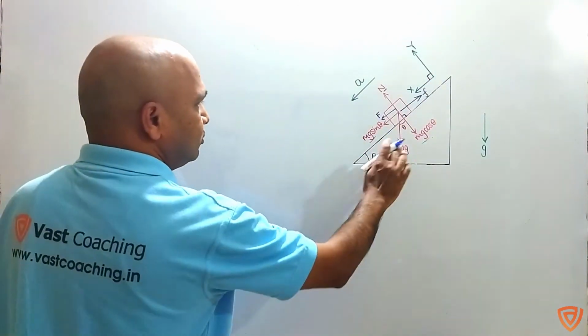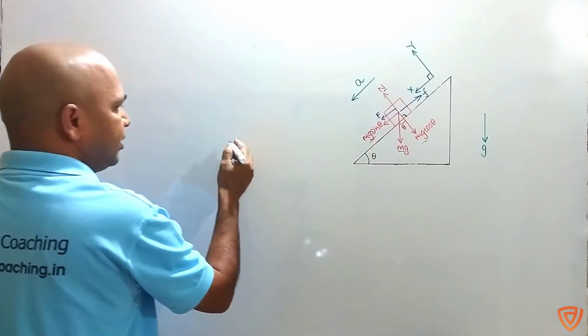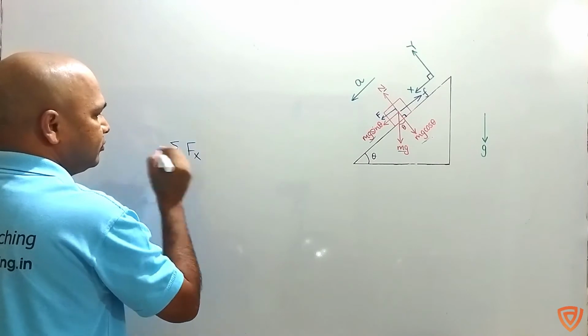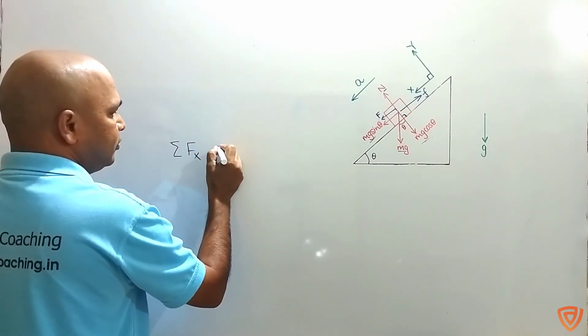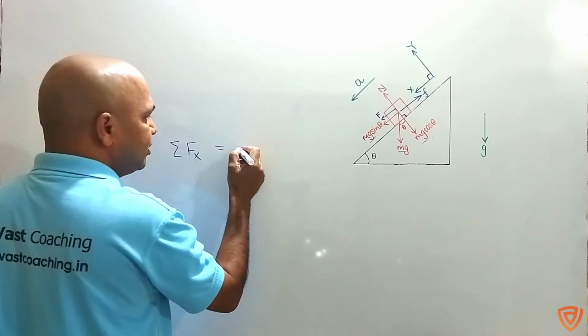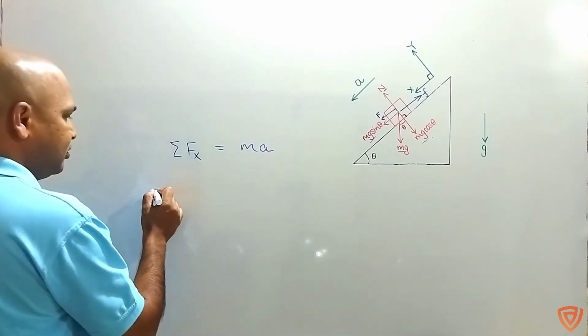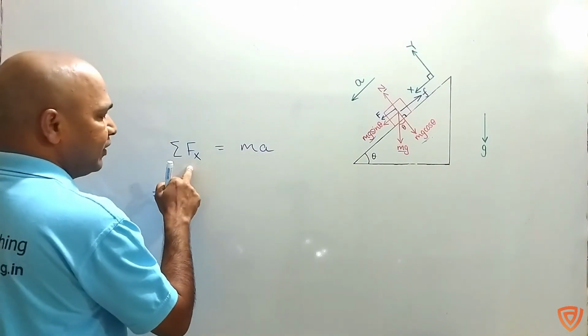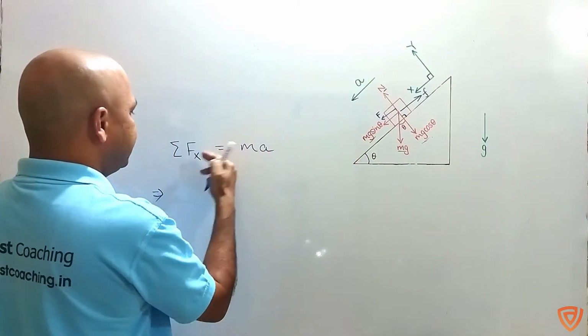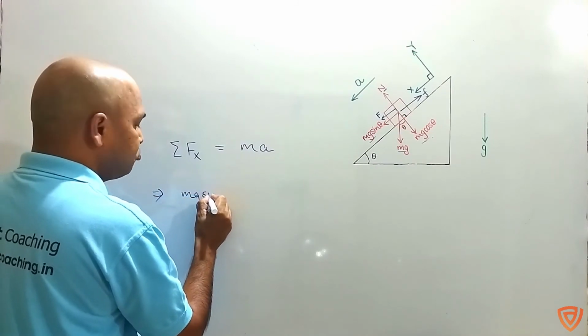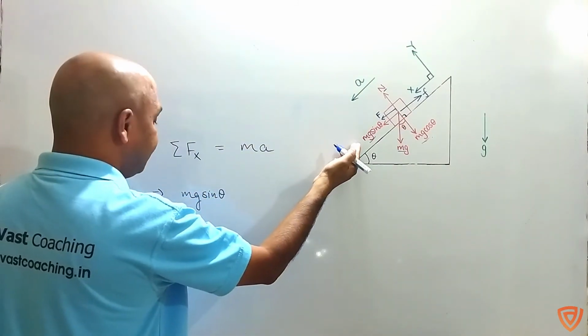So what are the net forces acting along the x direction now? Of course sigma Fx will still be ma, according to Newton's second law. So let's compute the value of sigma Fx now, all the forces in the x direction. mg sin theta is the first force.